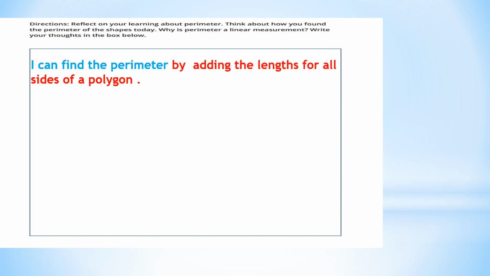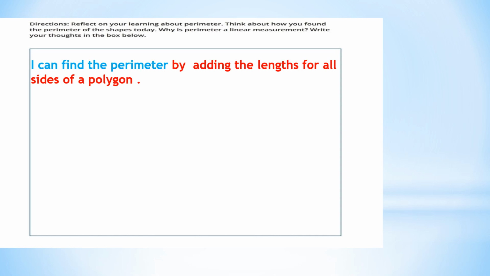Our math journal. It wants us to find the perimeter of any shape. How can we find it? And why is the perimeter a linear measurement? I can find the perimeter by adding the lengths of all sides of a polygon.